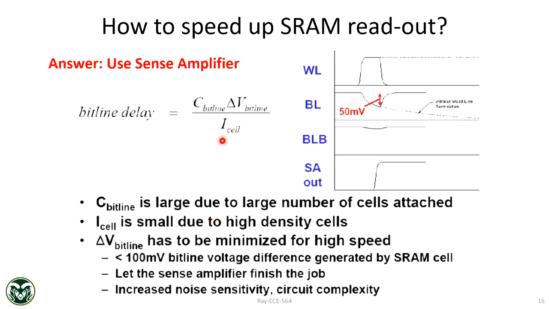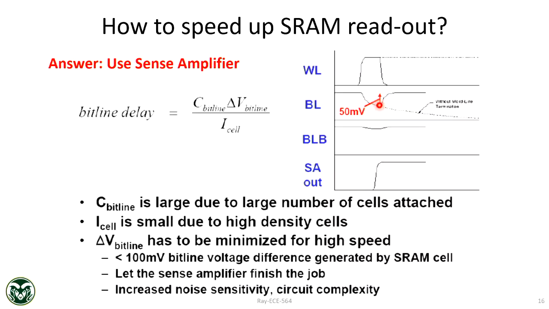Now, in terms of speed up and latency, how long it will take to read, this is the equation you can use. I said the bit line has to discharge by some voltage, say 50 millivolt, in order for the sense amplifier to work. The sense amplifier also requires some voltage differential between the two bit lines.